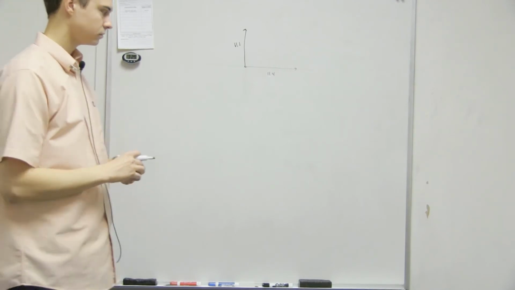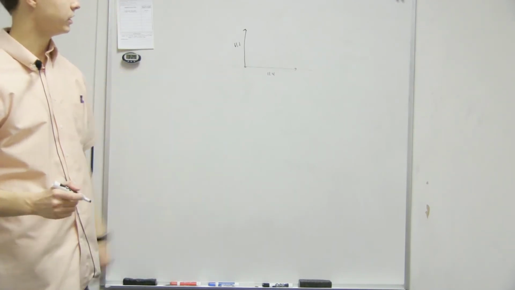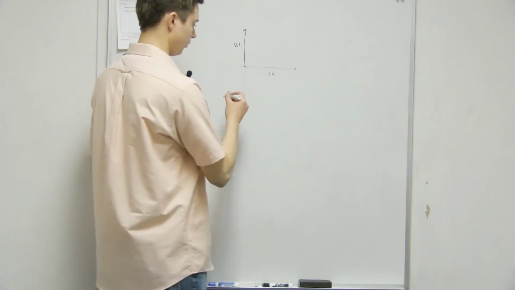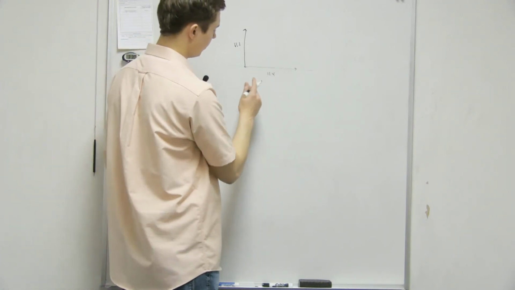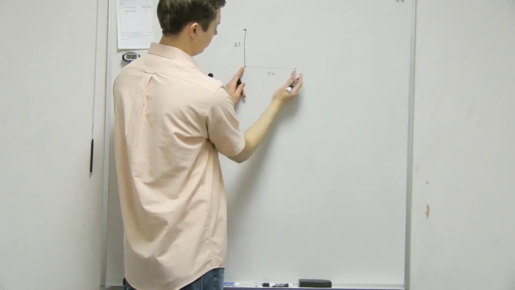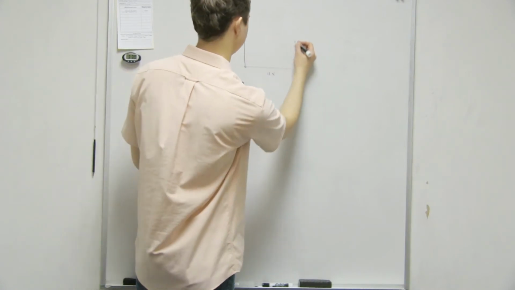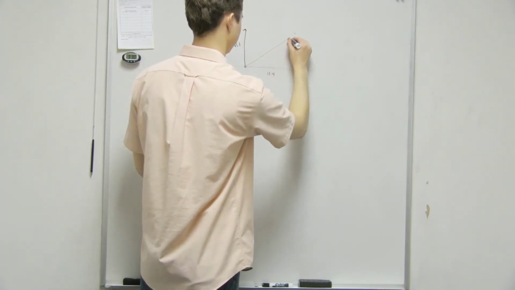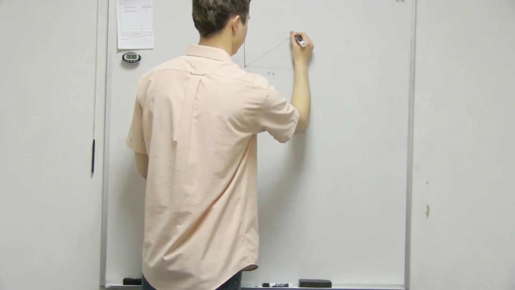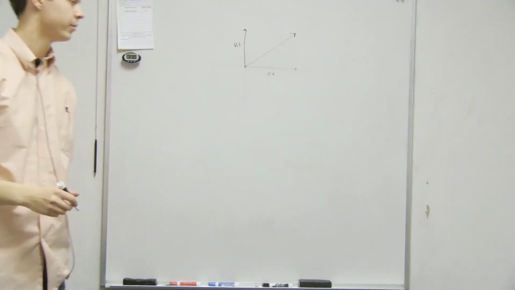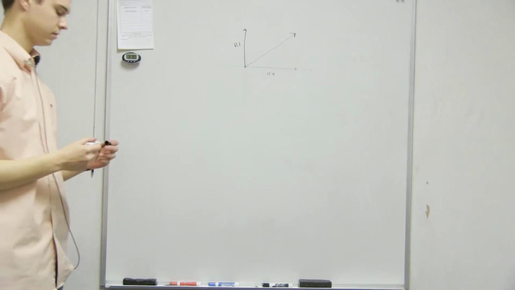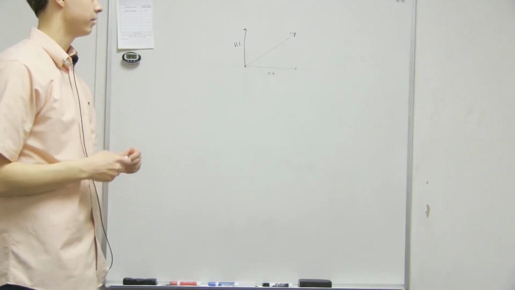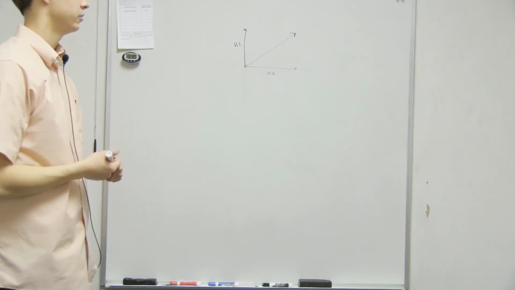Cool. So here's our two components. If we were going to draw out the vector, we'd want it to go over this much and up this much. So it would look like that. That's the easy part. Now we want to do some math and figure out its magnitude.